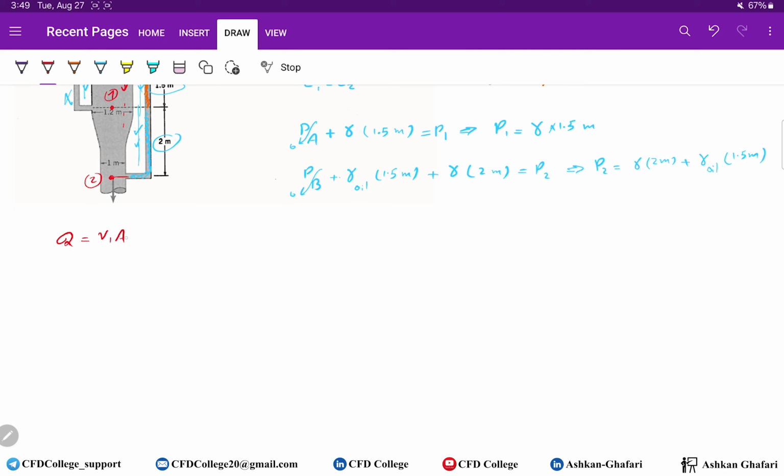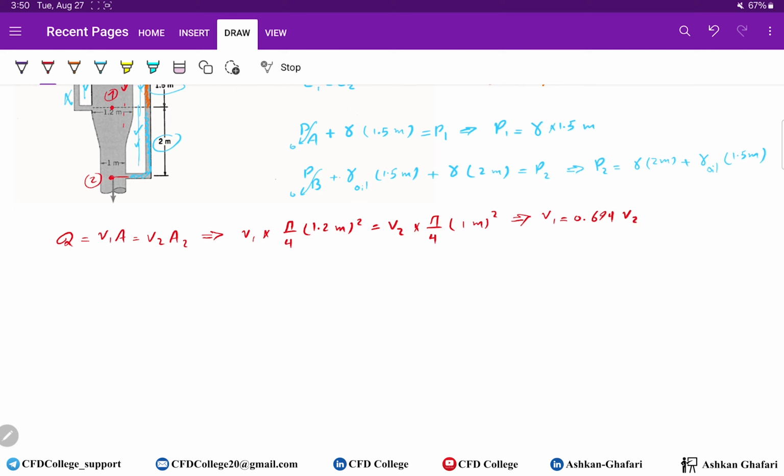So V1A1 equals V2A2, and we know the diameters. V1 times pi over 4 times 1.2 meters square equals V2 times pi over 4 times 1 meter square. So from this equation, V1 equals 0.694 V2.